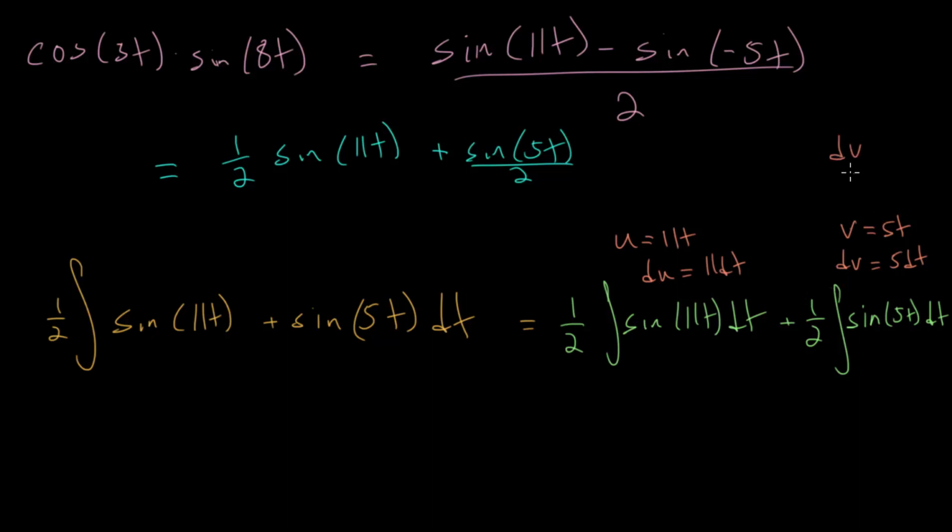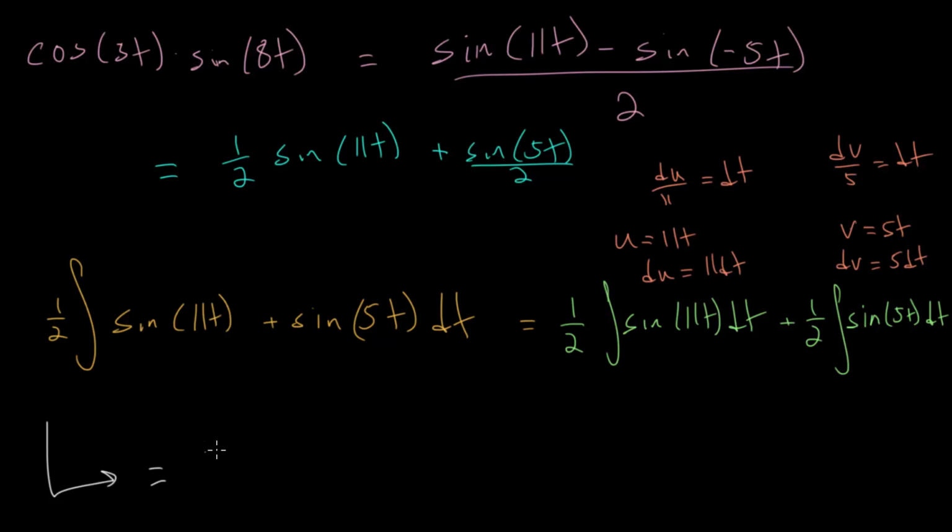So dv over 5 is dt, and for this one du over 11 is equal to dt. Let's now plug everything in for these new substitutions. We would have 1/2 still up front, but we're substituting dt for du over 11, so we can put that 1 over 11 out front as well.